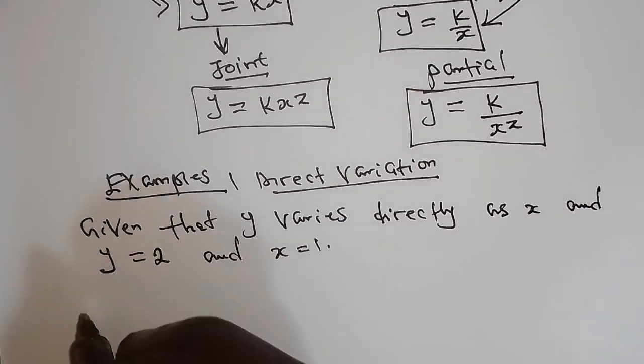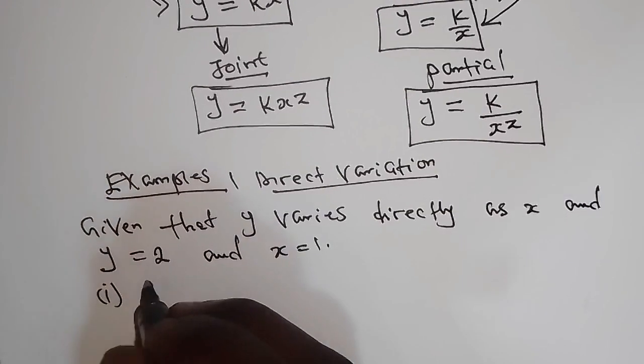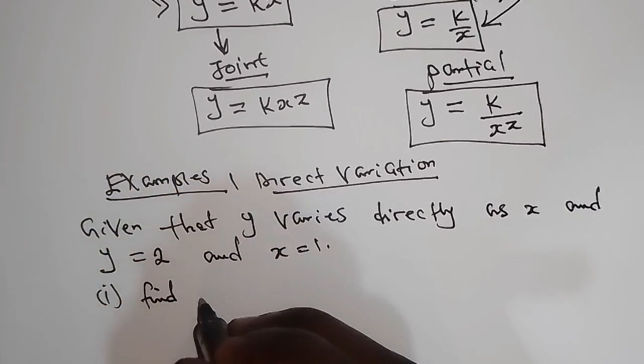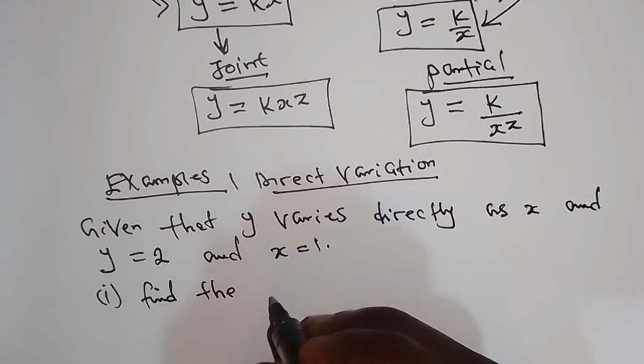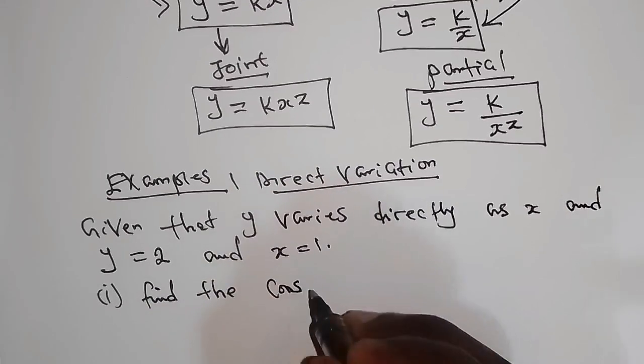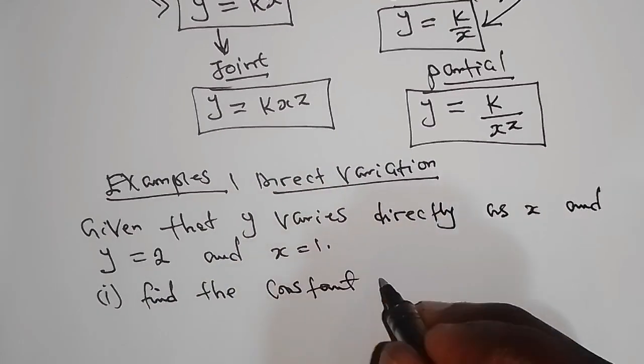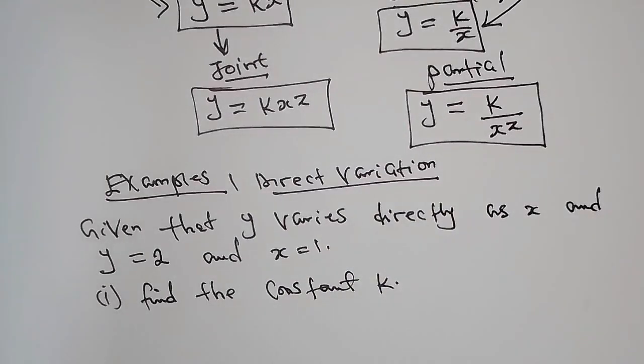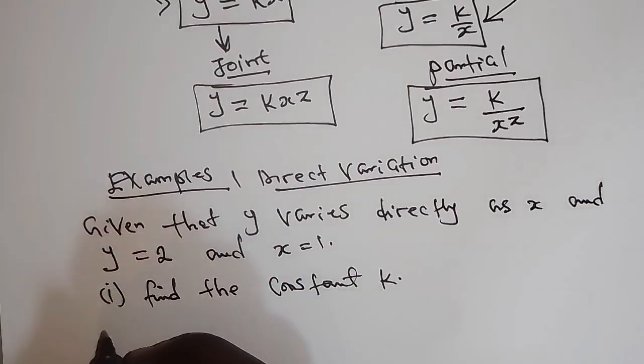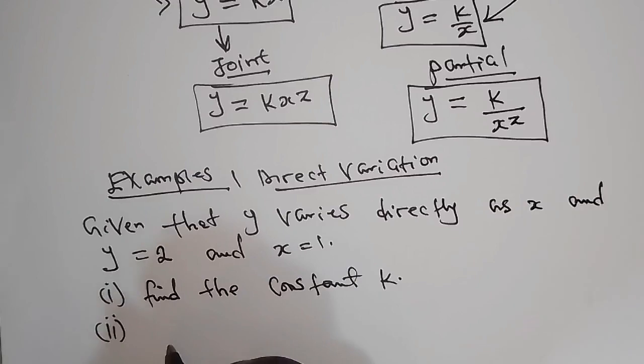So the first thing that we do, they'll ask you to find the constant, which is just k. Then other than that, now follow the question.